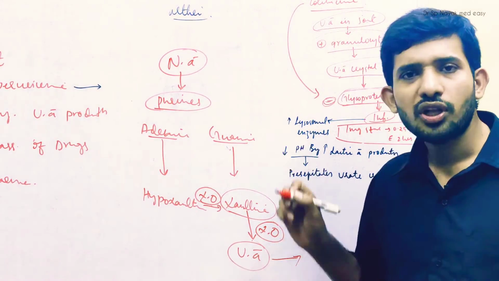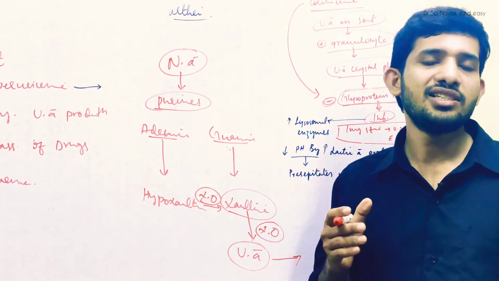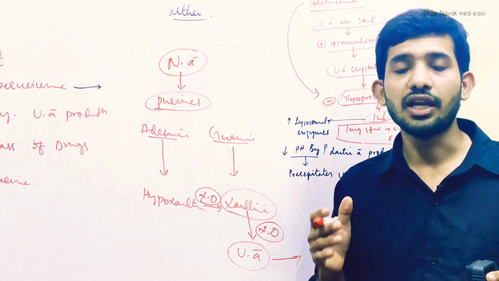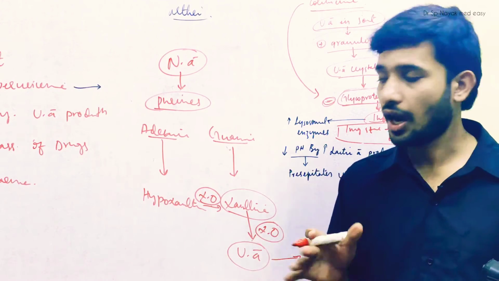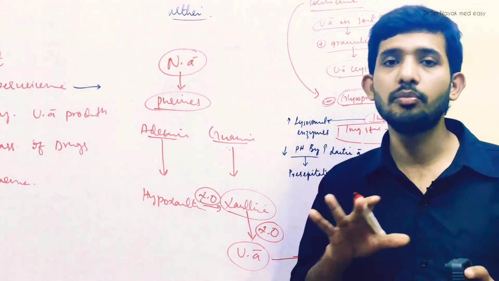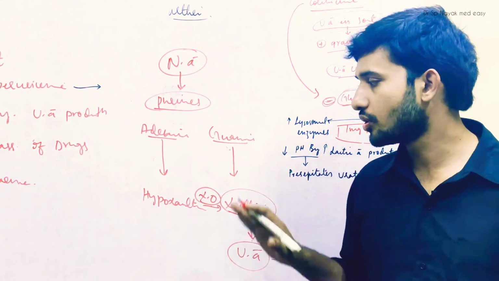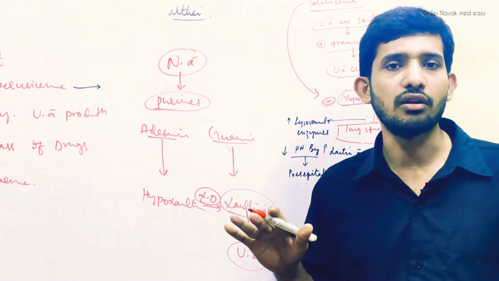Okay, and listen guys, actually, gouty arthritis and gout related diseases are not seen in other mammals, and gout is commonly seen in human beings. Other than human beings, gout is not seen in any mammal. Why?